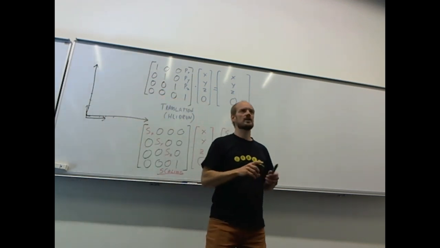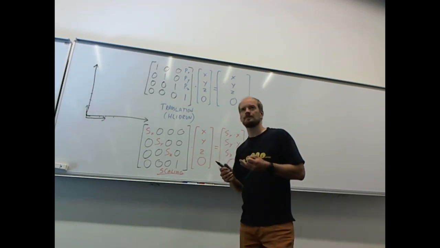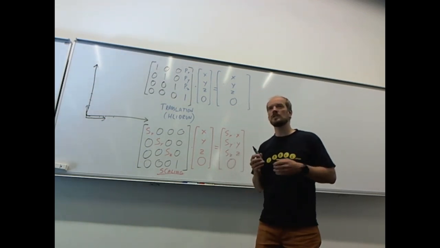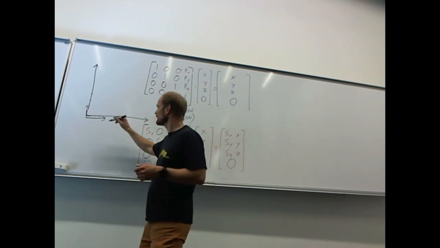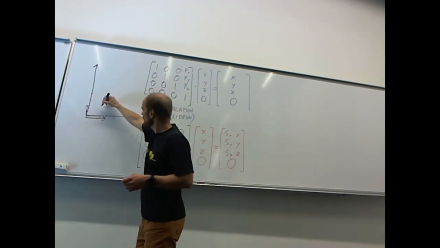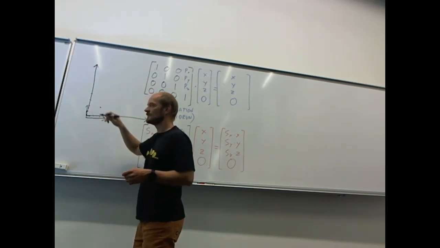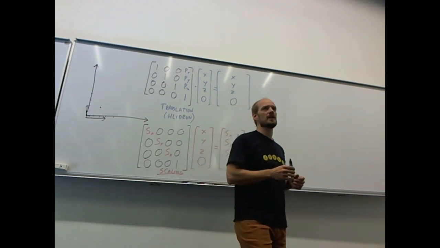And now I want to translate it to, let's say, the point 2, 2. Where will its point of origin end up in the image? Will it end up here? 1, 2, 1, 2? Or is there another place that it could end up?